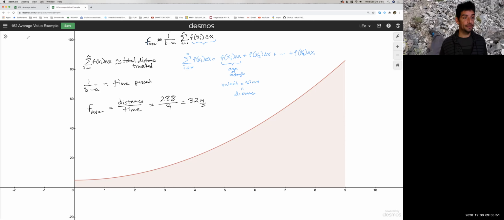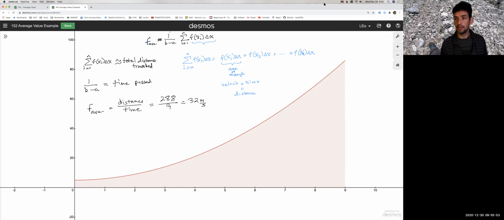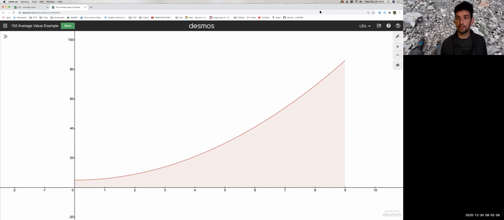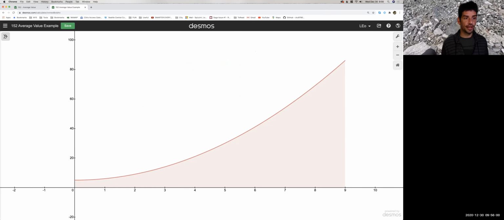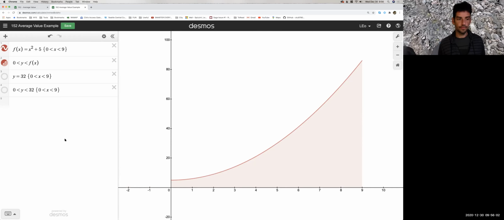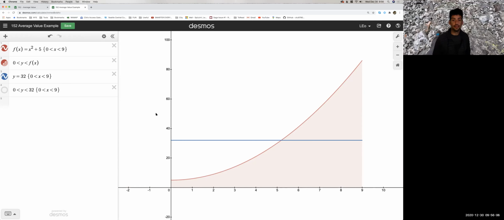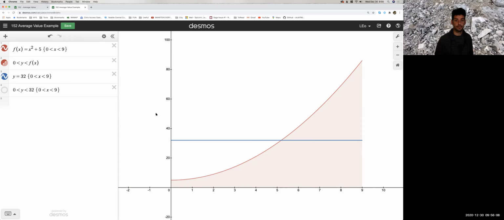Graphically, what that means, I'm going to clear all this stuff away. Graphically, what that means, here is the average velocity, right? 32.